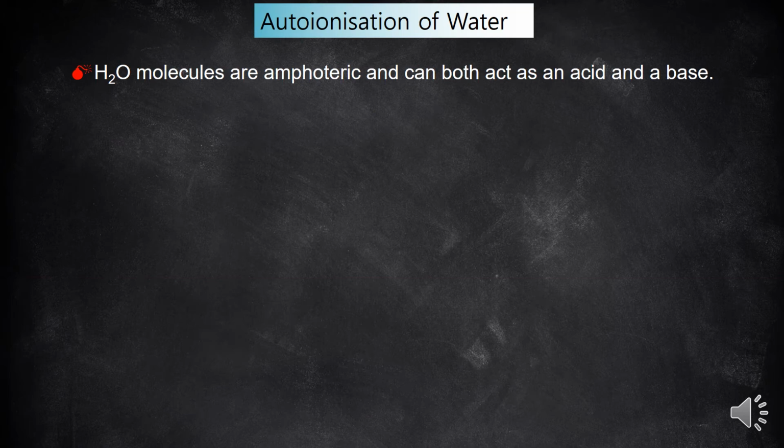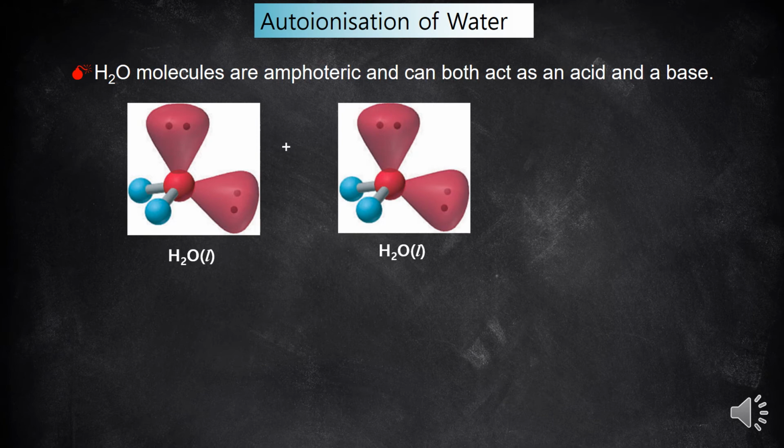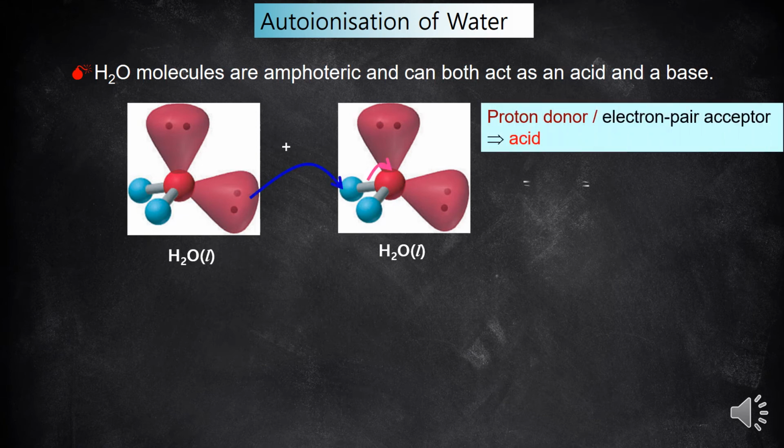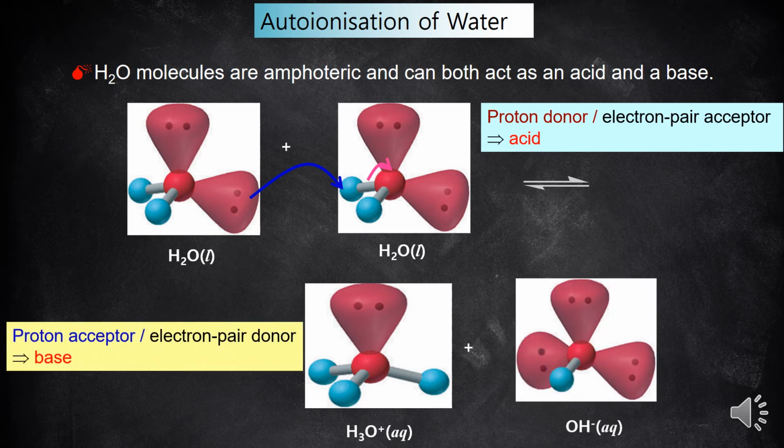Water molecules are amphoteric and can both act as an acid and a base. In the process of auto-ionization of water as shown on this slide, one water molecule acts as an acid, which is a proton donor, while the other water molecule acts as a base, which is proton acceptor.